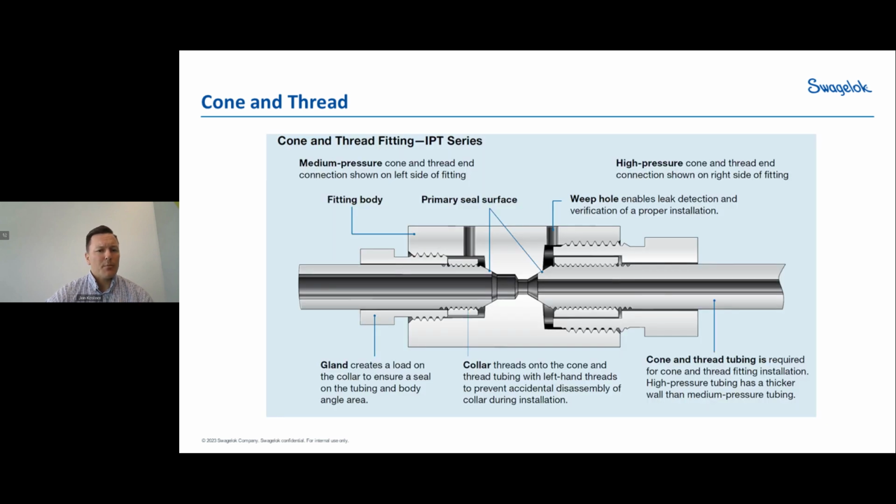I want to jump back one slide and mention, because you'll see it in the chart that we put up, that a lot of these higher pressure fittings incorporate a weep hole that allows users and operators to detect leakage. With very high pressures, you want to have some way to do that.